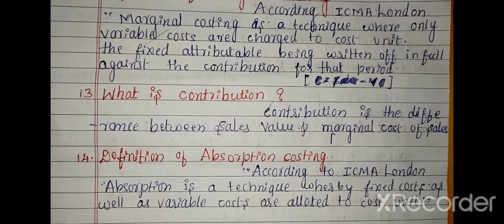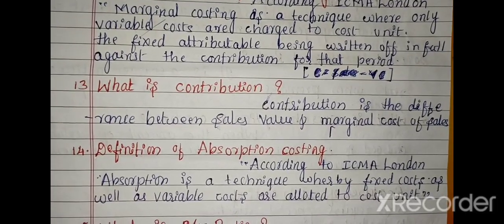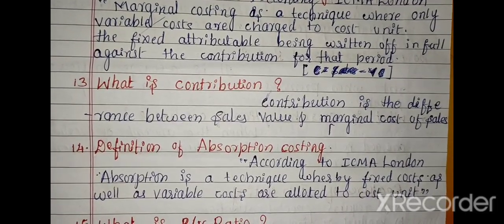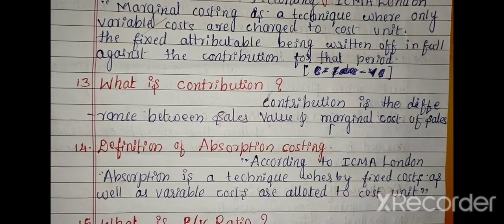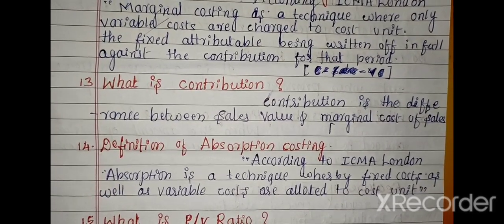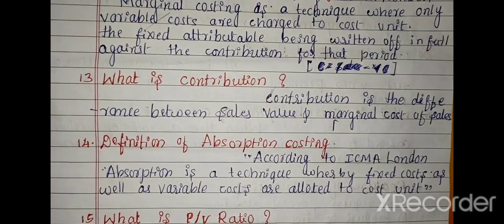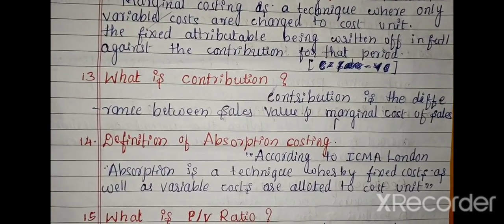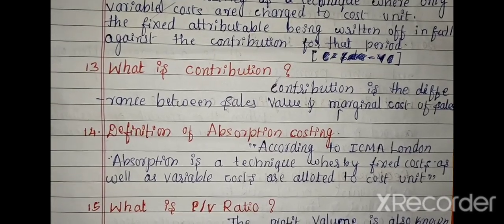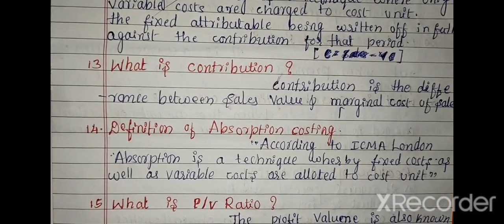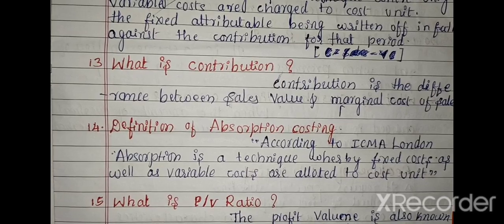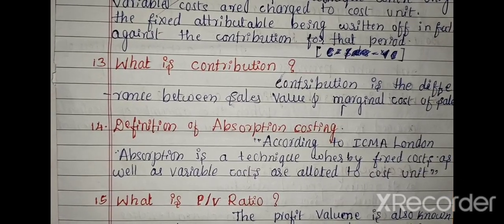And question number 13, what is contribution? Contribution is the difference between sales value and marginal cost of sales. You can write the formula also: contribution is equal to sales minus variable cost.